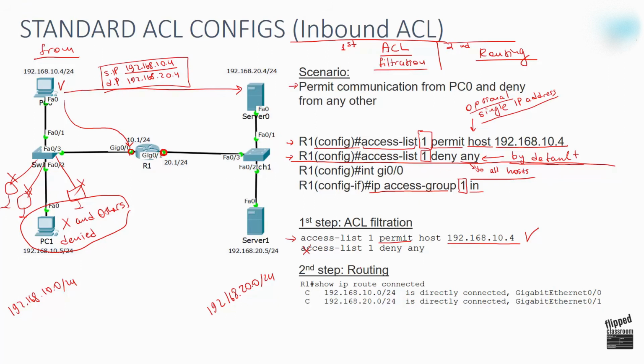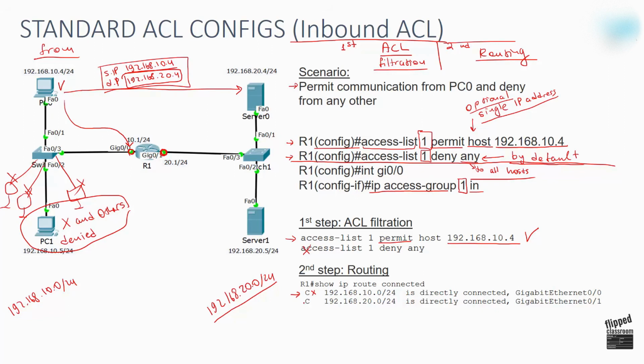So after the router finds the rule which is satisfying the source IP address, the router will go and make the second step. It will take a look at which destination network this packet is going to, and this packet goes to network 20, so the router will start to make routing, and it is searching for the network address.